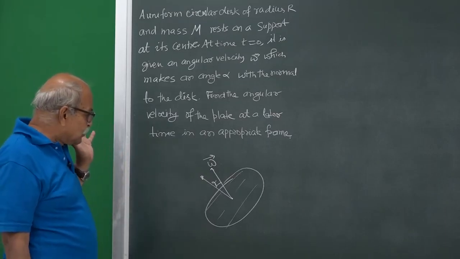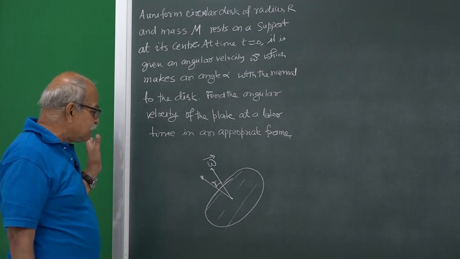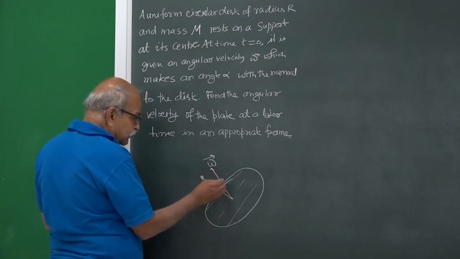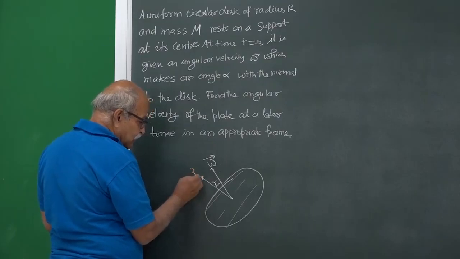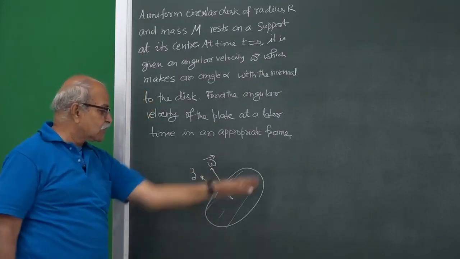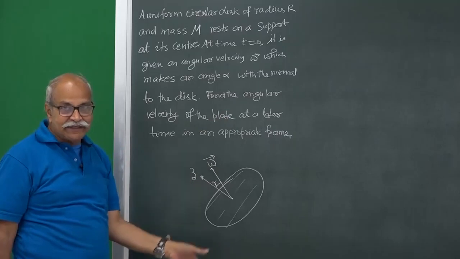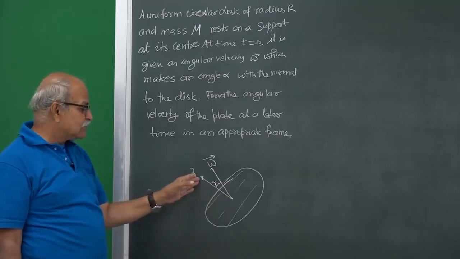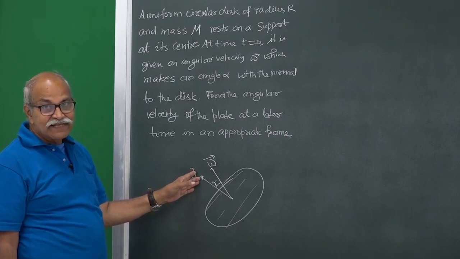So, let us choose a principal axis frame which is fixed in the body, and we choose our 3 axes along this, because this is a circular disc. So, any diameter, any radius gives you a principal axis direction, and perpendicular to the disc is also a principal axis direction.